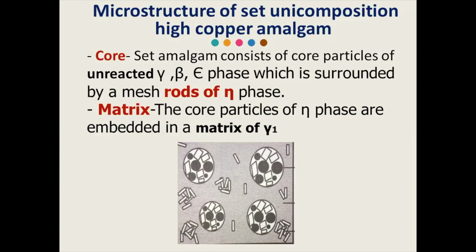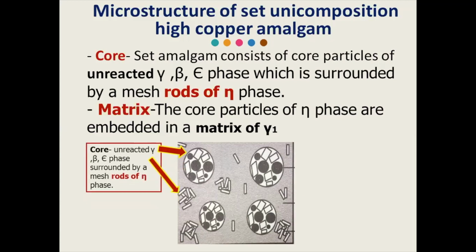Here you can see in the picture this bigger circle which is showing all the unreacted gamma phases, beta phases, epsilon phases, which are surrounded by these rods of eta phase which are present in the matrix. And the matrix is formed by the gamma 1 phase. So this is about the microstructure of your high copper amalgam, single composition.